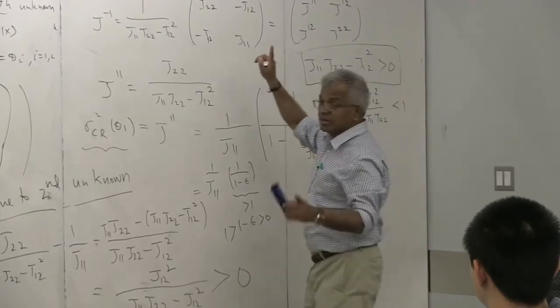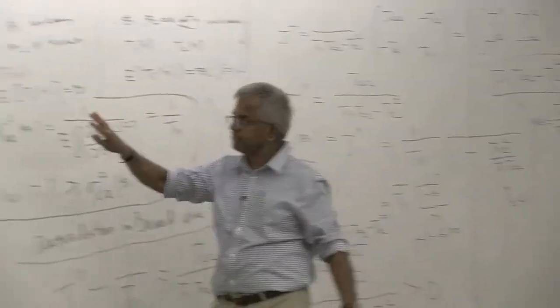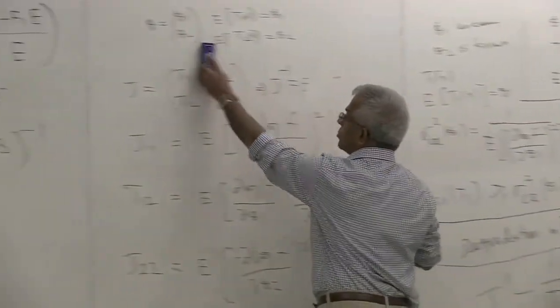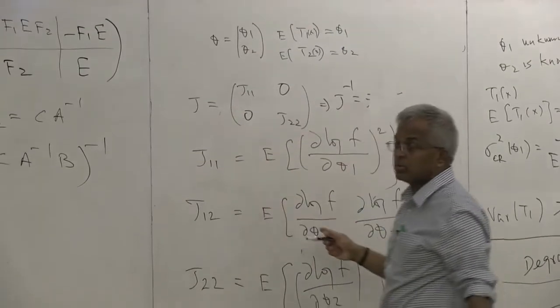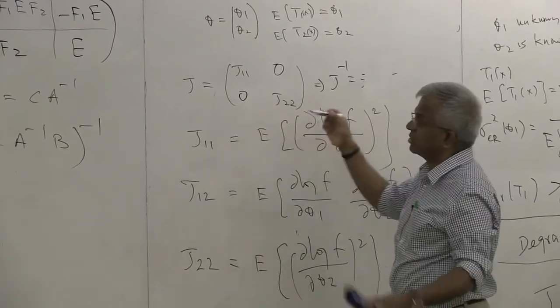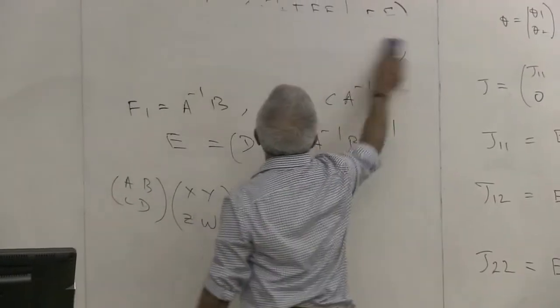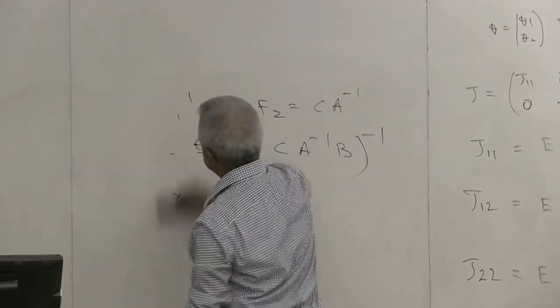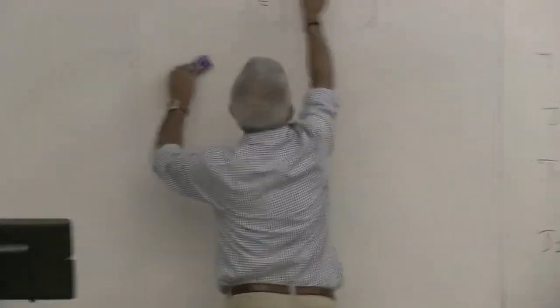It is possible, in some situations, that these entries are 0. J12 could be 0, so let me talk about that for a minute. If J is diagonal, there is no degradation.